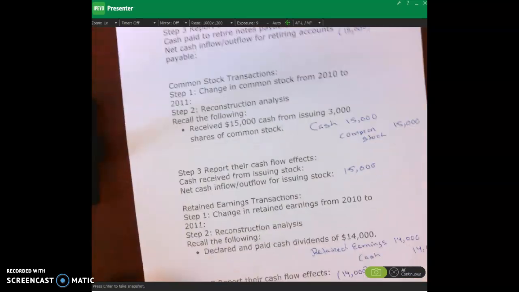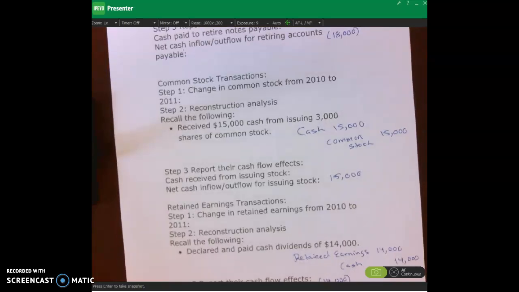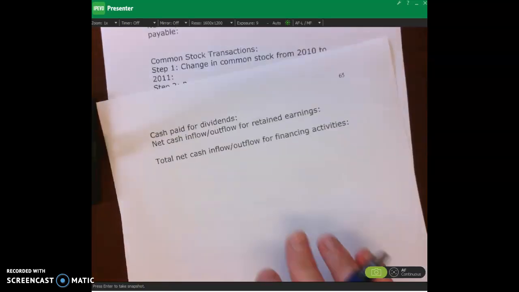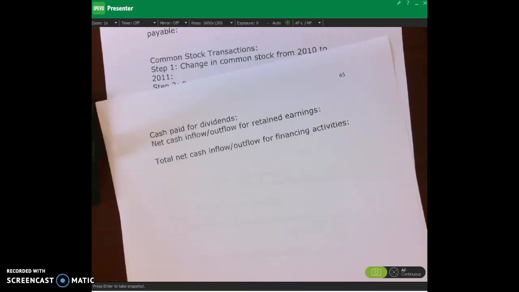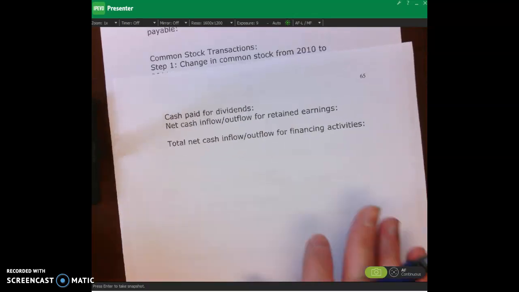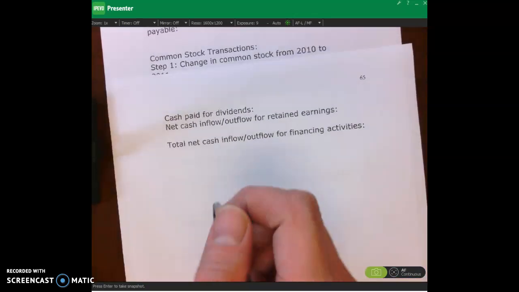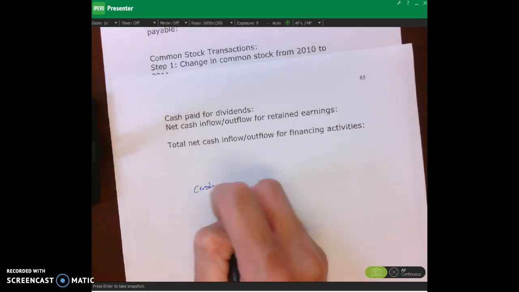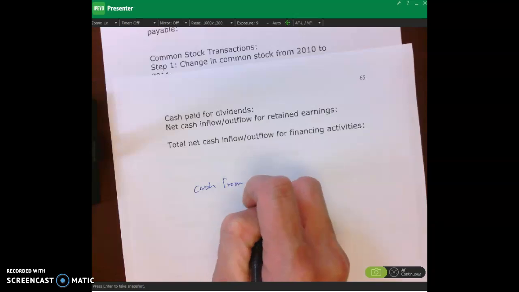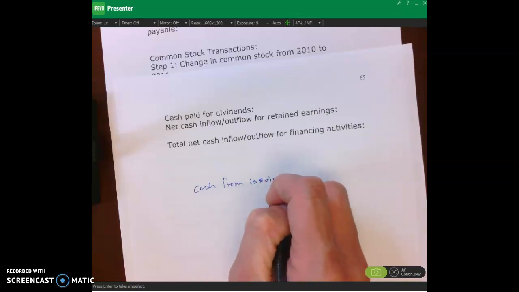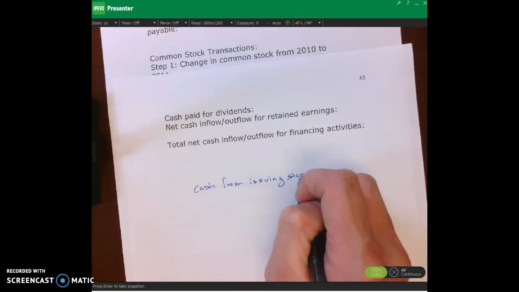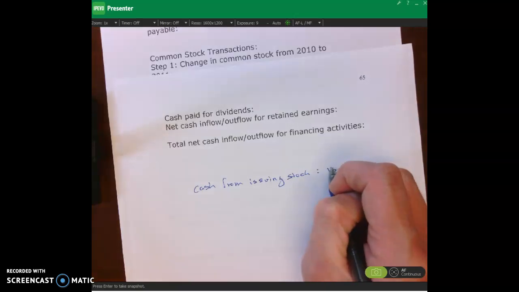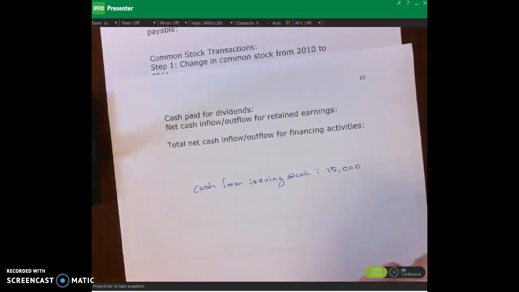So now what we can do is go on to the next page and look at the total net cash inflow or outflow for financing activities. So you can say cash from issuing stock, $15,000, right?